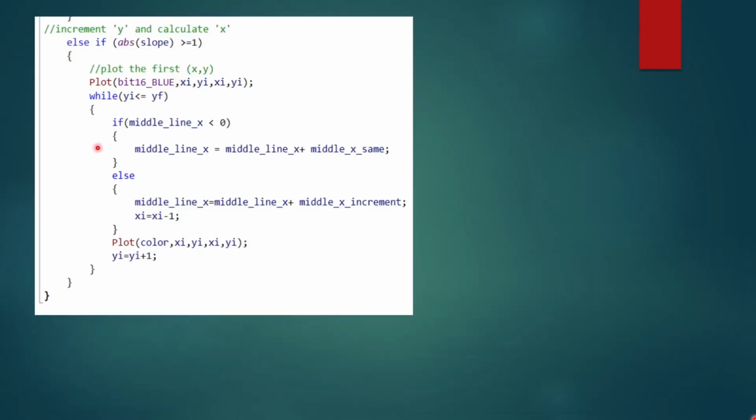What we do here is decide whether we're going to light up the top or bottom pixel. That's what this if and else statement does. Then we plot the point, increase y, and keep going until we get to the y final. So with this, I think we're ready to continue with our presentation.